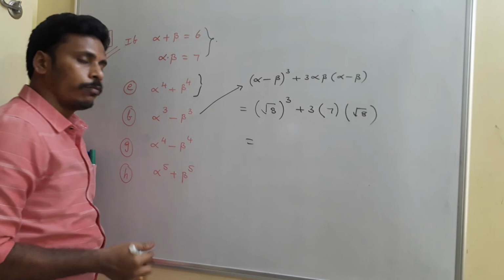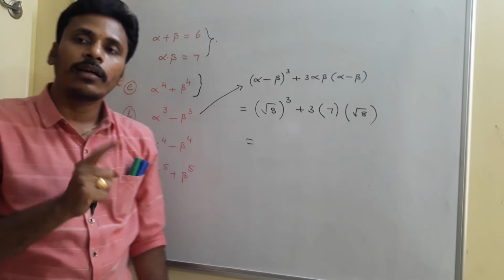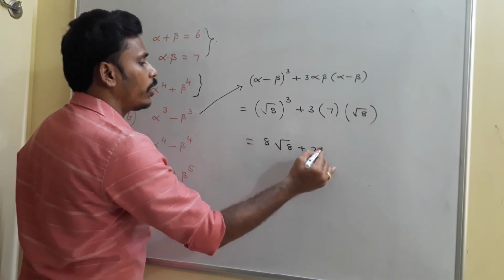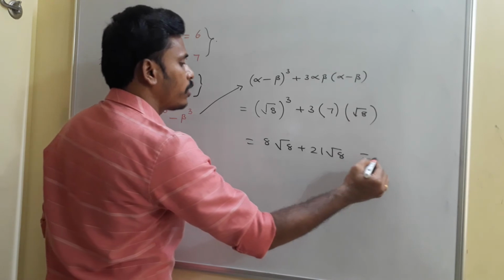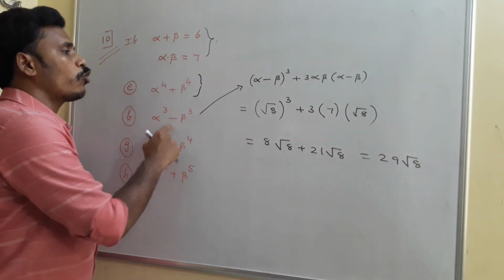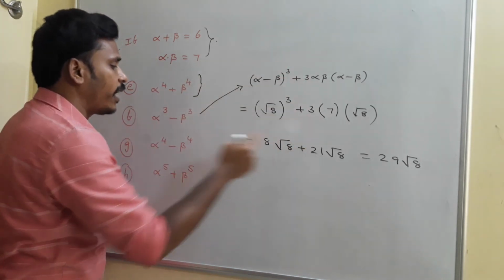Root 8 whole cube: root 8 root 8 is 8, again with a root 8. So this is 8 root 8 plus 27 root 8, and on simplification this is 29 root 8. If you memorize this formula, then we can do it directly.